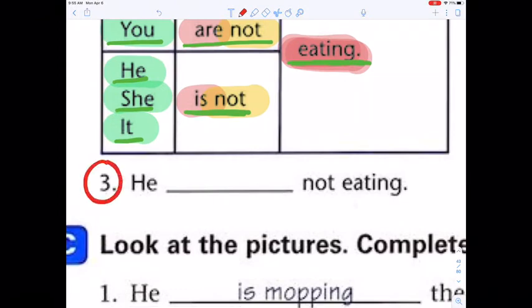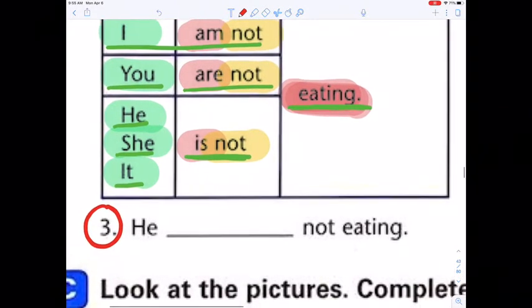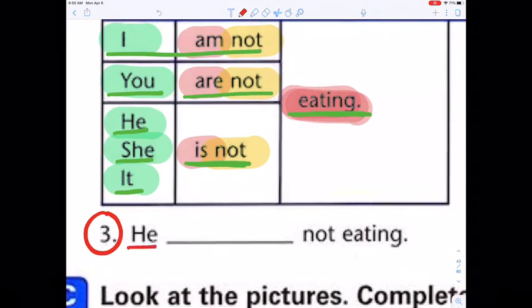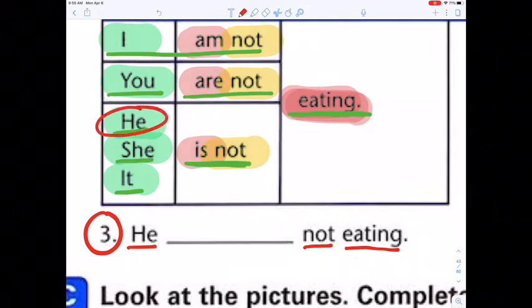Number 3. He blank not eating. He is not eating. Oh, we already have not here. Let me erase that.